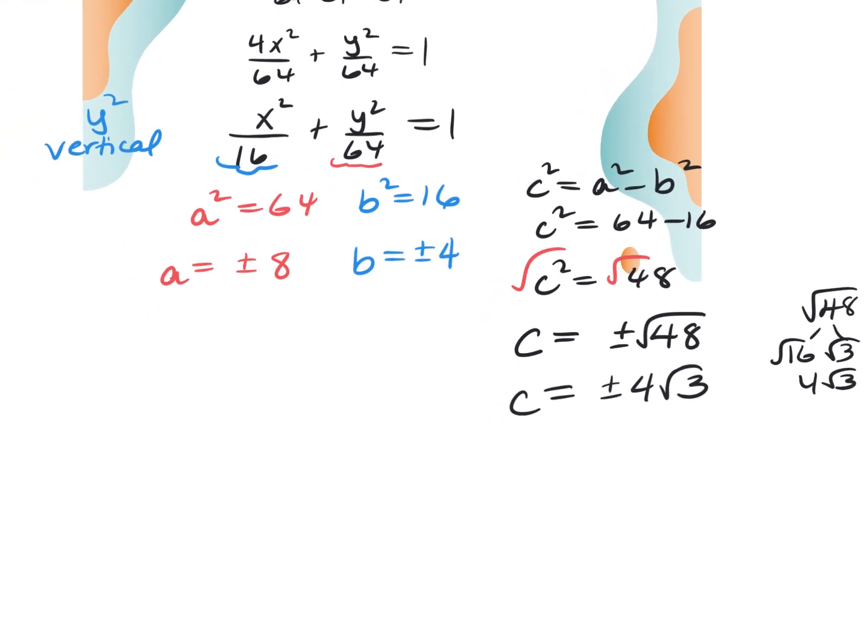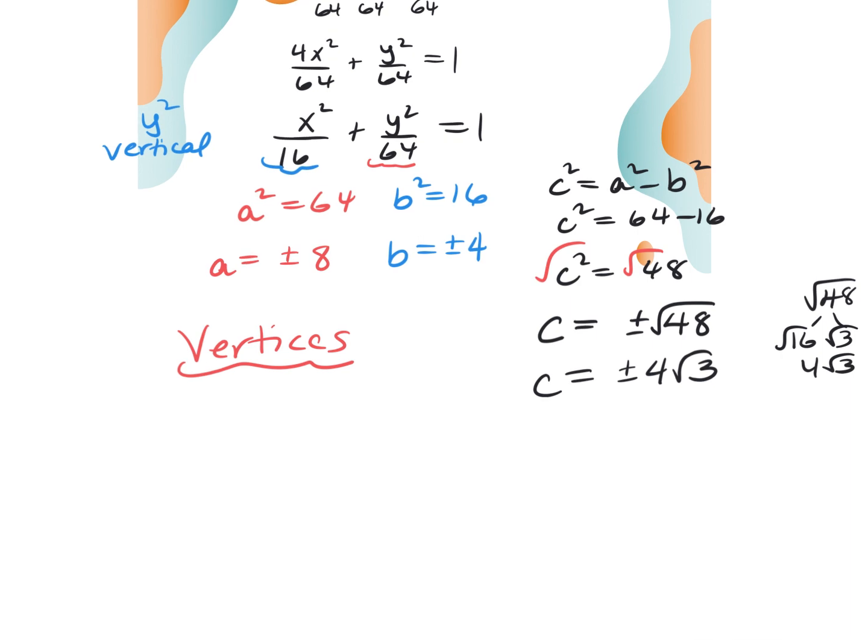So now that I have the values of a, b, and c, now I can find my vertices. And remember, whenever it's vertical, or the bigger number is under the y, that's where I'm putting this a value. So my vertices are going to be (0, 8) and (0, negative 8).